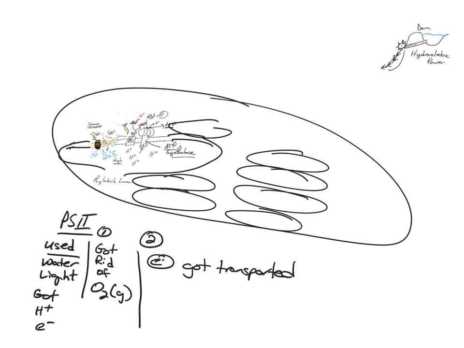The electron is transported down the electron transport chain. That's important. But that electron being transported allowed the hydrogen ions to concentrate on one side. This transporting of electrons allows for hydrogen ions to become high on one side and low on the other.